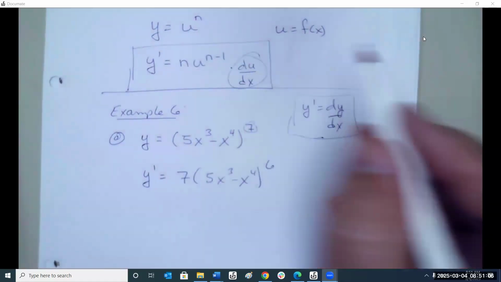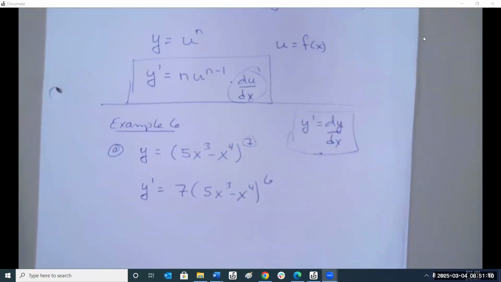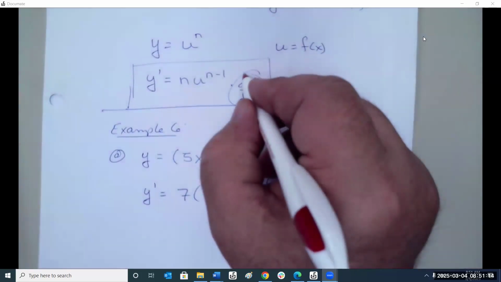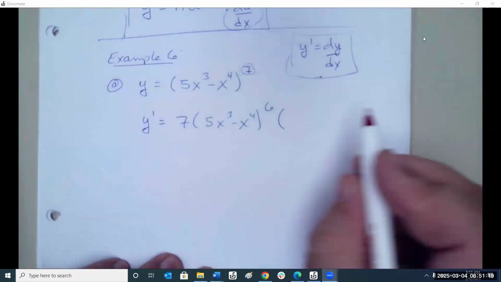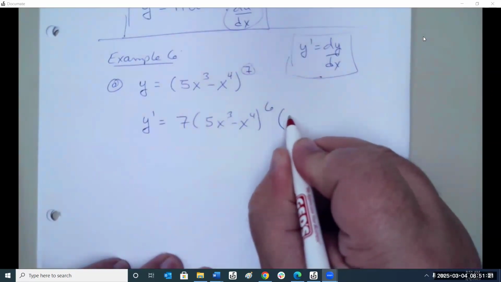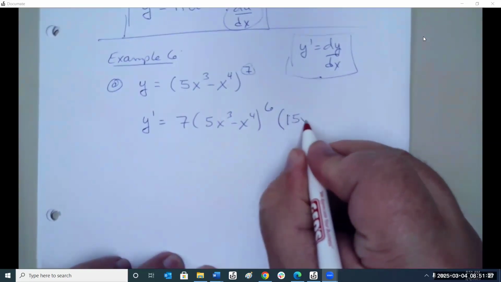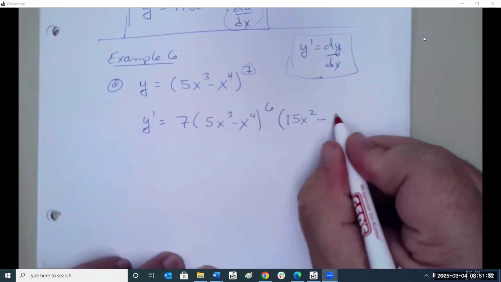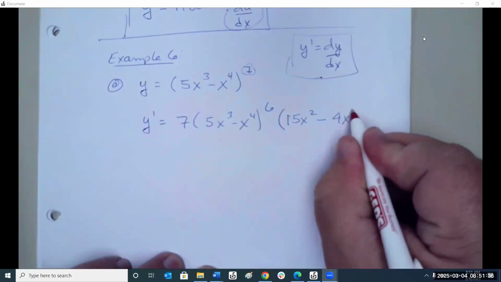What does this tell us to do? Yeah, take the derivative of the base. What's the derivative of 5x cubed? 15x squared minus the derivative of x to the fourth, or 4x cubed.